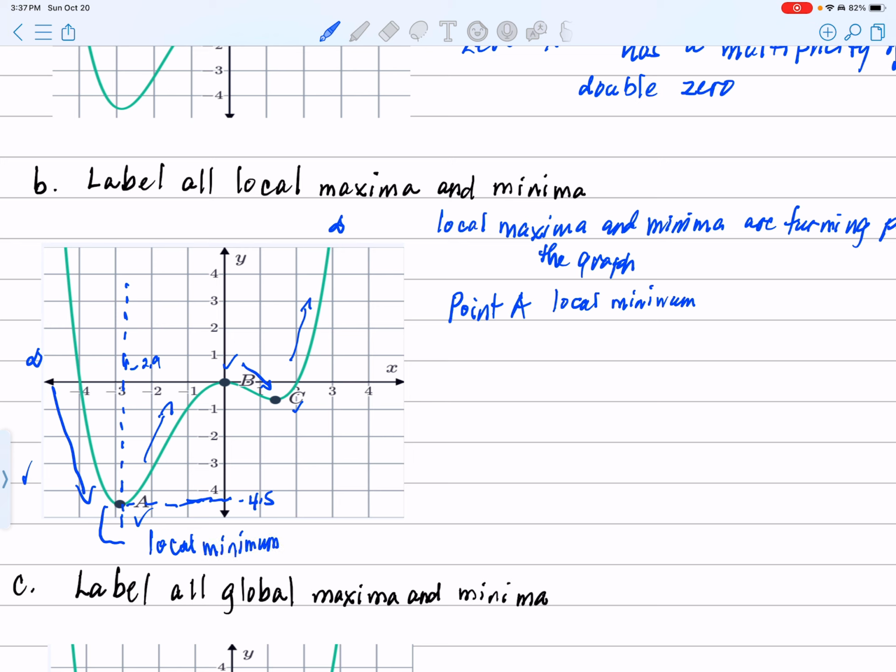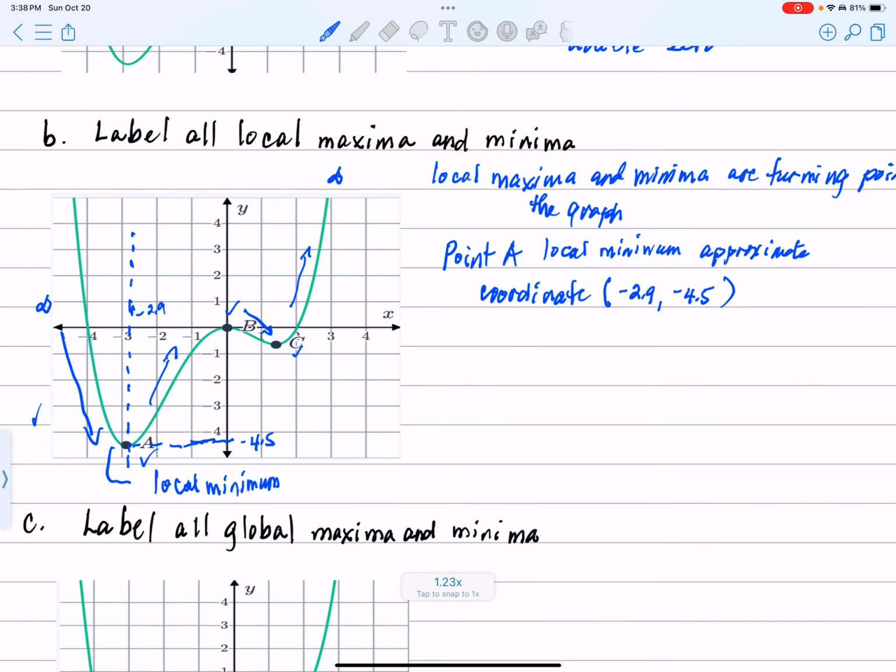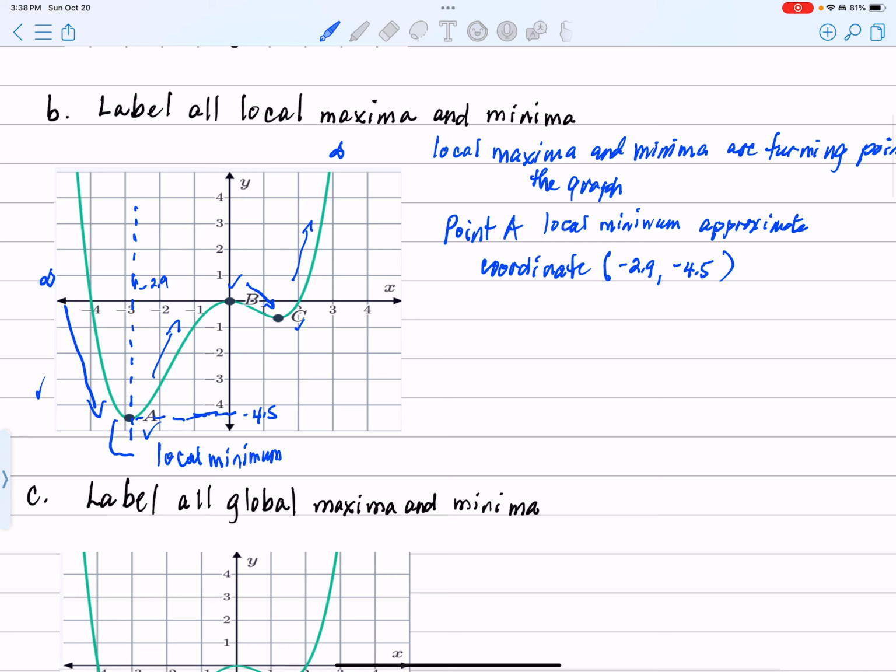So approximately, the coordinates are: the x is somewhat negative 2.9 and the y is negative 4.5 approximately. If these things happen, always say the word approximate, because you're just estimating where the point is located.